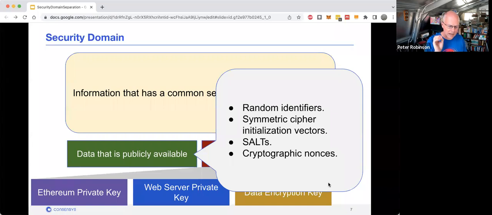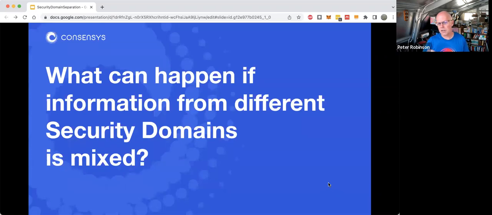So essentially values that are hopefully random, but once they're created, they then become public. So different types of information, essentially public information and private information. And so that's what security domains are.